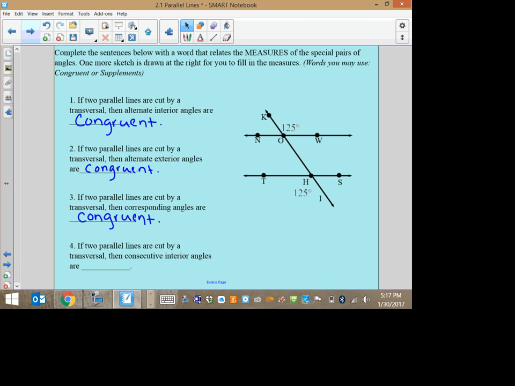And lastly, if two parallel lines are cut by a transversal, then consecutive interior angles are supplements, which means that they add to 180 degrees. So note that all of these sentences are based off of if two parallel lines.